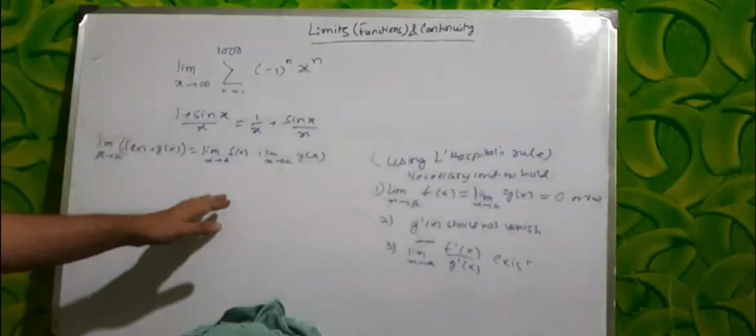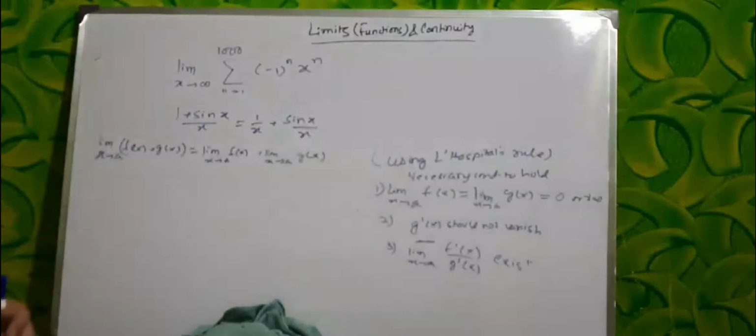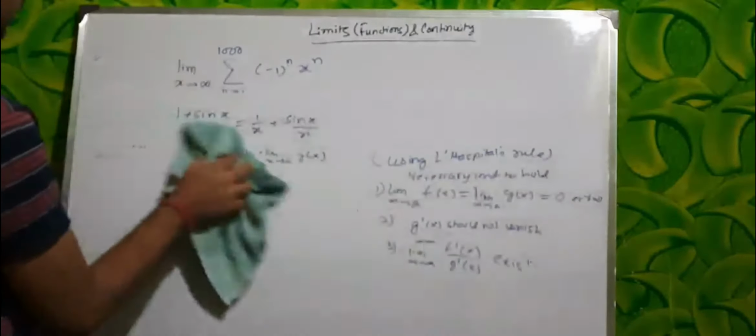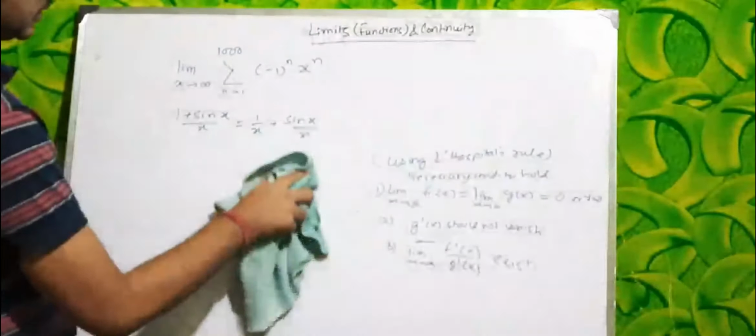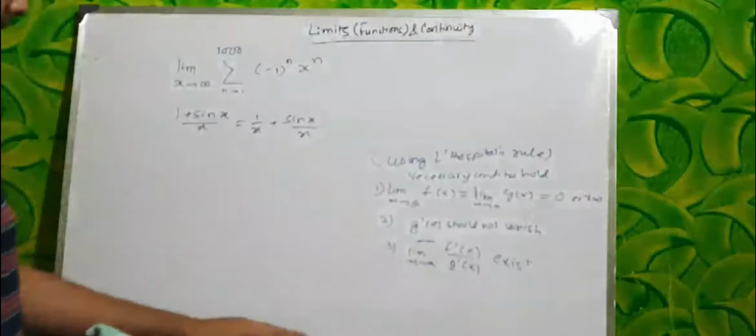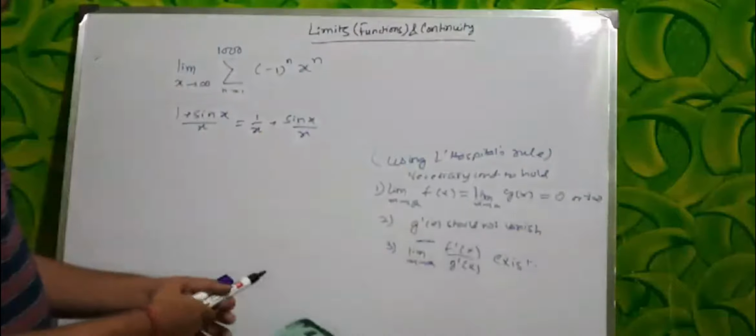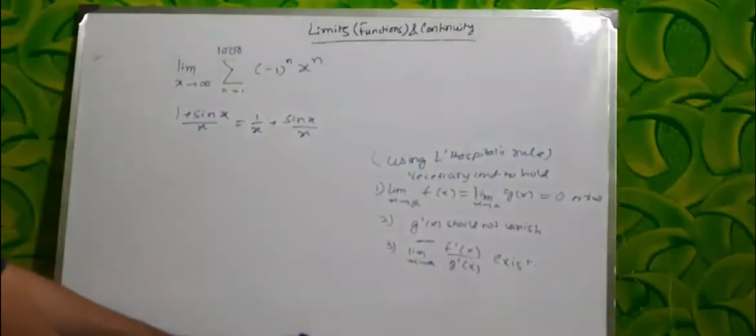This is a very simple formula, and f and g must be continuous. In this case 1 by x is continuous, we all know, and sin x by x is also continuous. So we can apply it here.